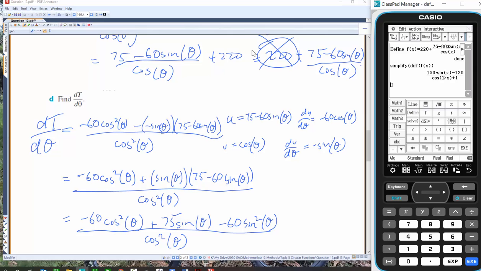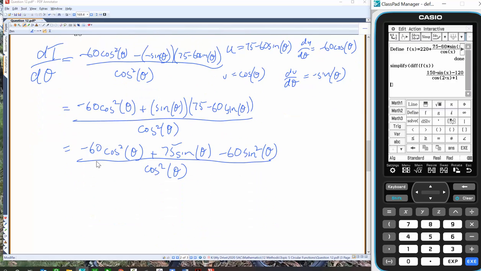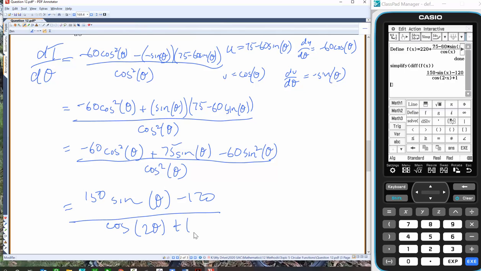Whoa, massive simplify. Okay, so equals 150 sine of θ, take 120 over cosine 2θ plus 1. All right, how do they do that? Well, I'm not 100% sure, to be honest, and it's probably using a whole bunch of identities that I don't really want to get into, okay?